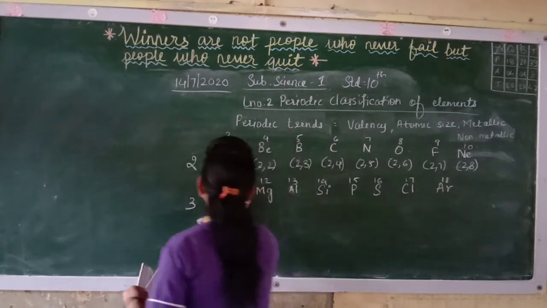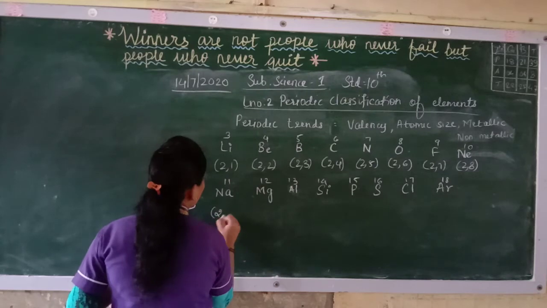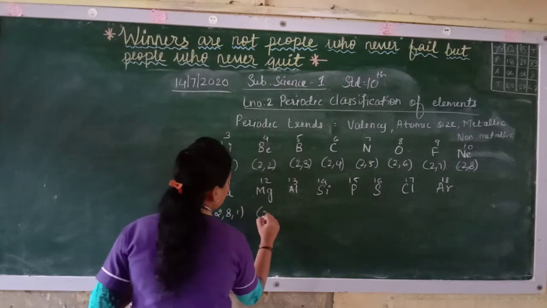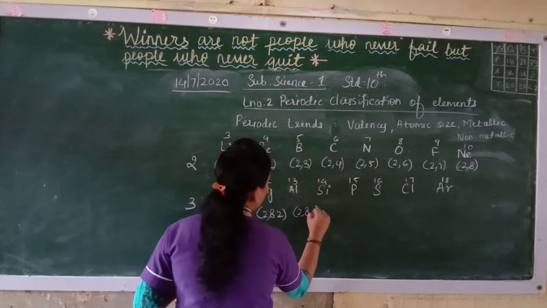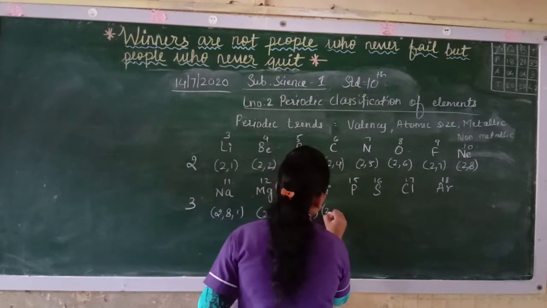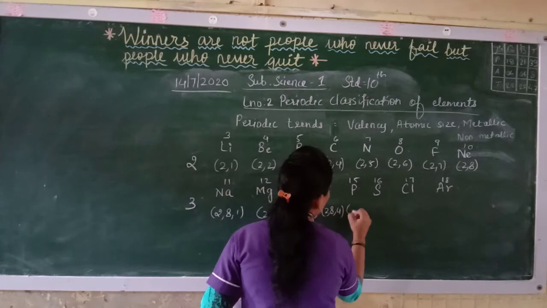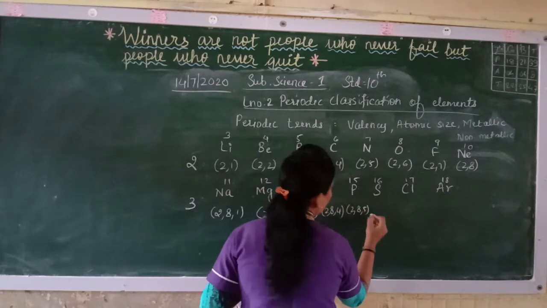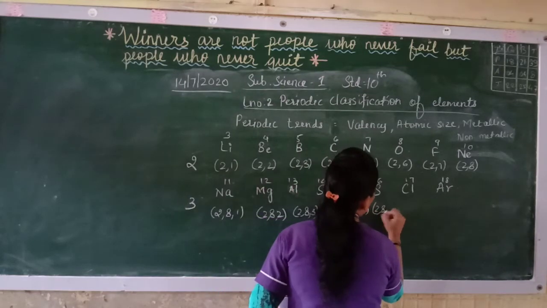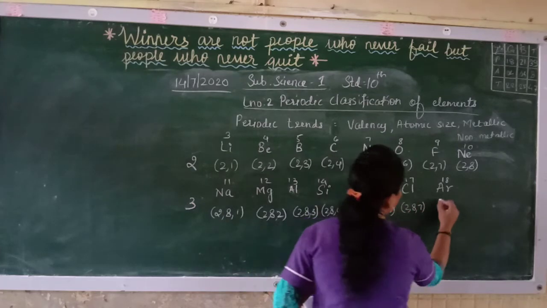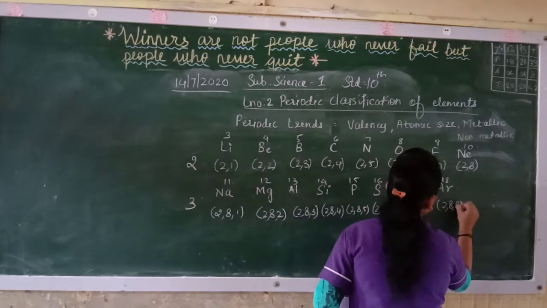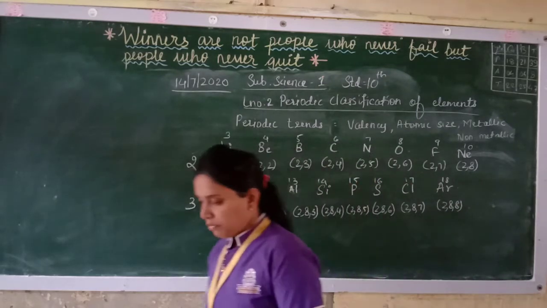These are the atomic numbers. So here you will get 2,8,1; 2,8,2; 2,8,3; silicon it is 2,8,4; phosphorus it is 2,8,5; sulfur it is 2,8,6; chlorine it is 2,8,7 and argon it is 2,8,8.